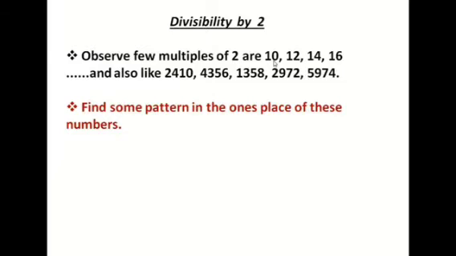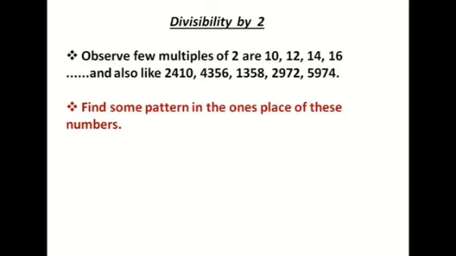If you look here, in 10 it is 0, in 12 it is 2, in 14 it is 4, in 16 it is 6. In 2410 it is 0, in 4356 it is 6, in 1358 it is 8, in 2972 it is 2, in 5974 it is 4. Have you got any clue?